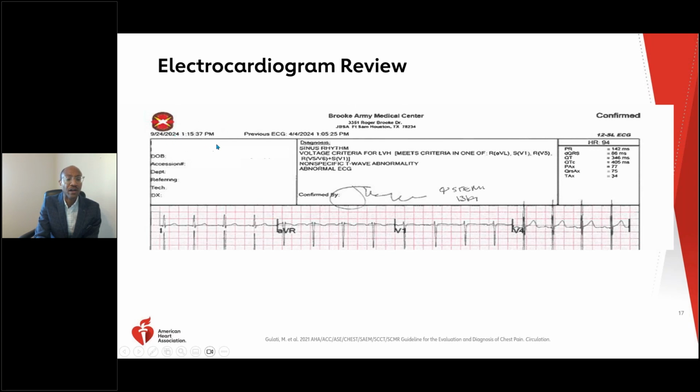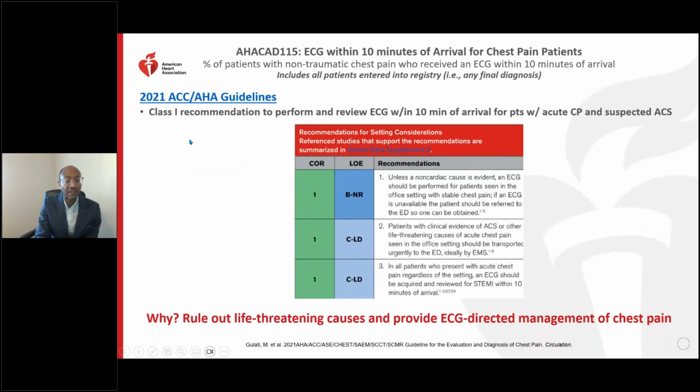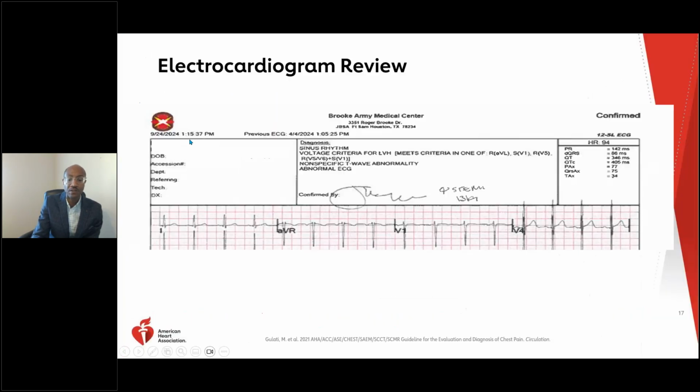Due to an ECG dedicated technician being located close to the triage area, the ECG was performed at 1:15 p.m., and then, due to a protocol that we have, a clinician is provided the 12-lead ECG.